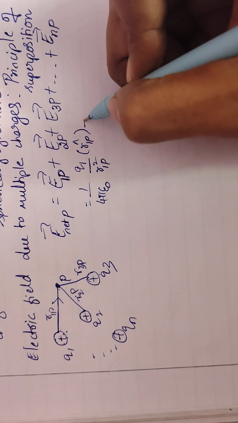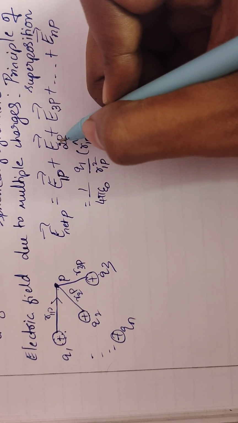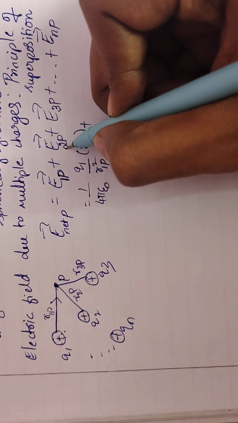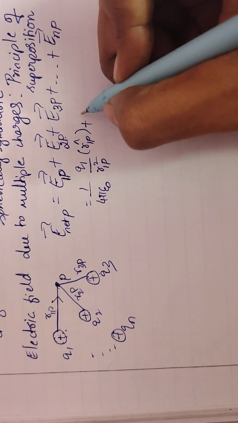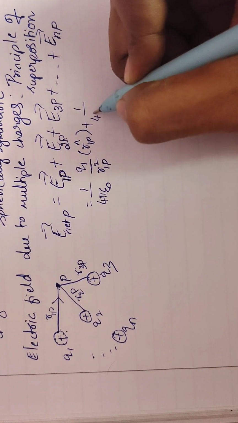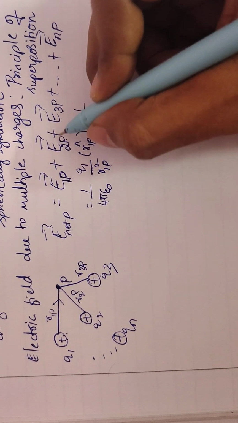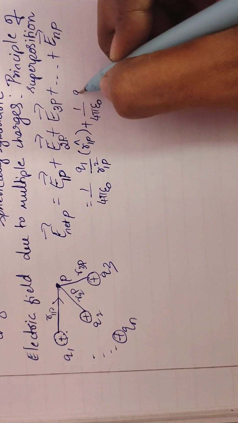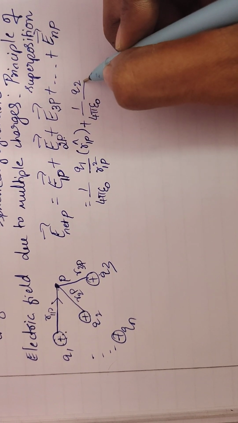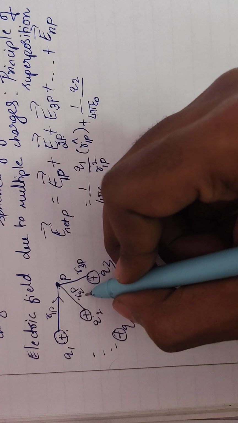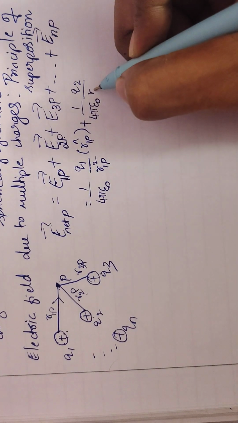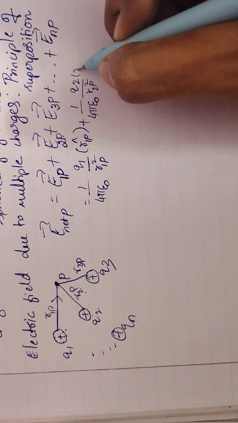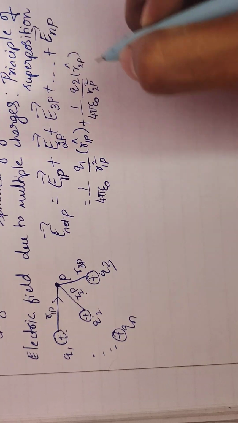Okay, now similarly, can you write it for E2p, that is electric field due to charge q2 at point P? Now I can write it as 1 by 4 pi epsilon naught, which charge is responsible for field, q2, divided by distance between charge q2 and point P is r2p square into r2p cap.